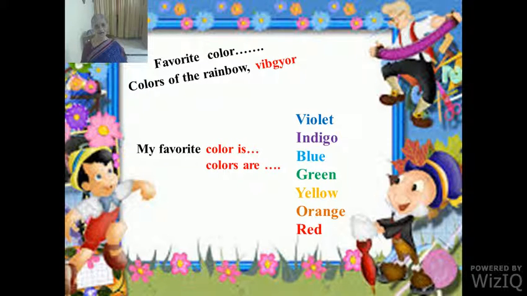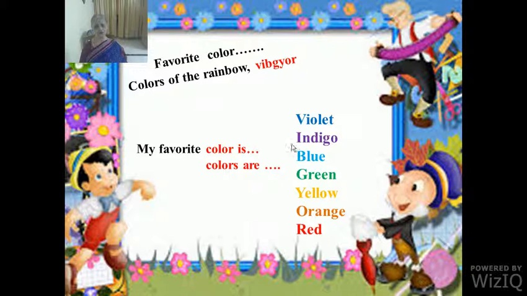Next we are looking at favorite color. What's your favorite color? And here, remember that one of the most important things in life is color. Color plays a very important role in life. And we say that the colors of the rainbow, we remember them through this term VIBGYOR. Violet, indigo, blue, green, yellow, orange, red.